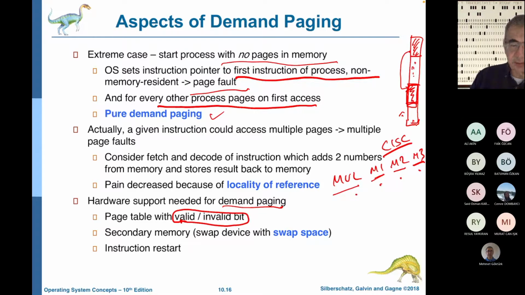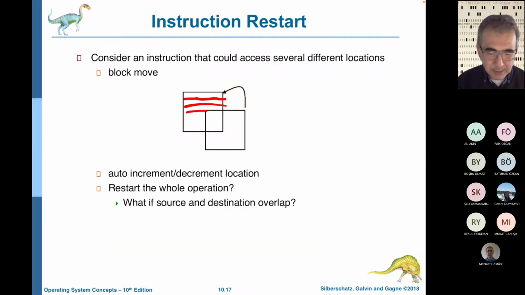Sometimes you are dealing with block moves, animations, for example, in block moves of data. Certain pieces of data are transferred to another part. So this may have multiple pages in the memory.